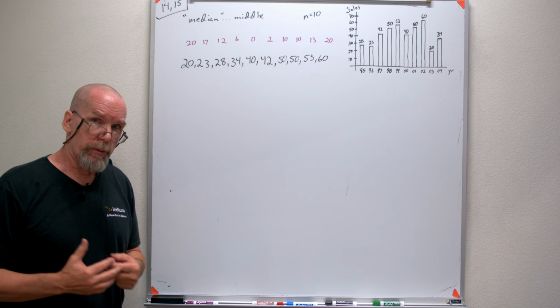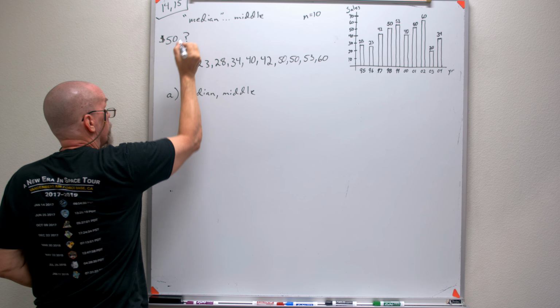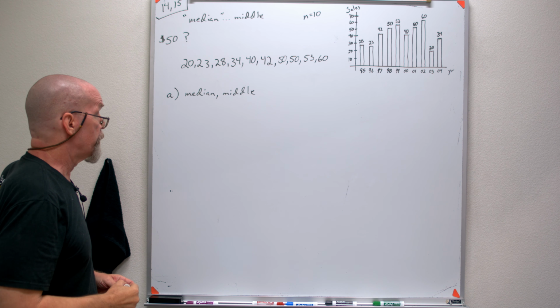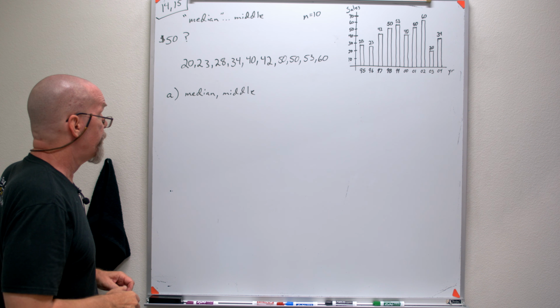So for answer choice A, we're basically checking to see if the median is equal to 50 million. I'm leaving off the million, so $50 million, that's kind of the question. Is the median or middle measurement equal to 50 million?